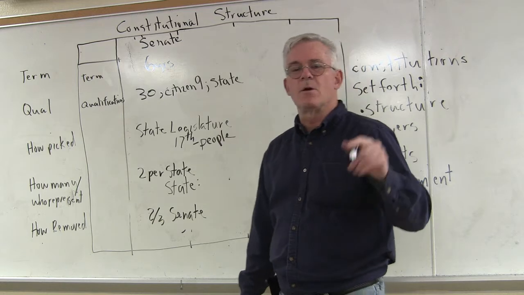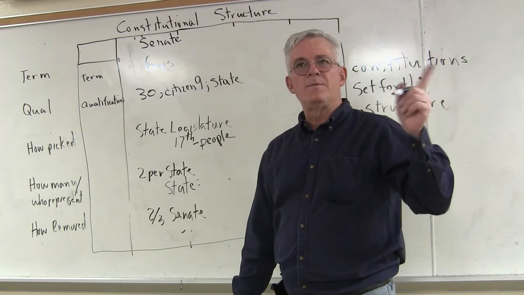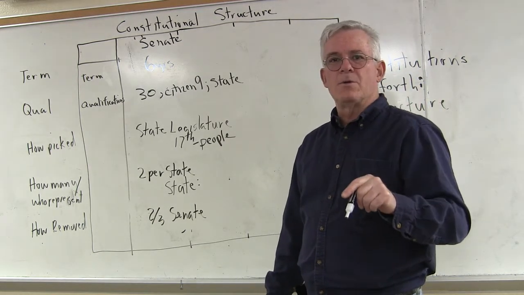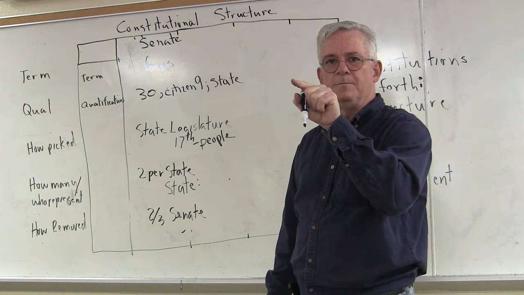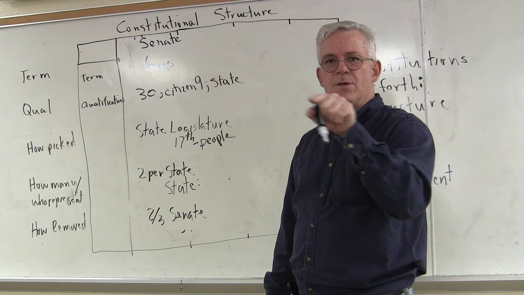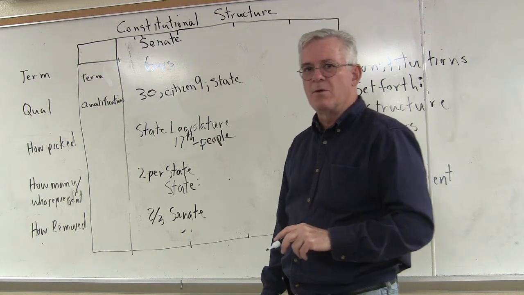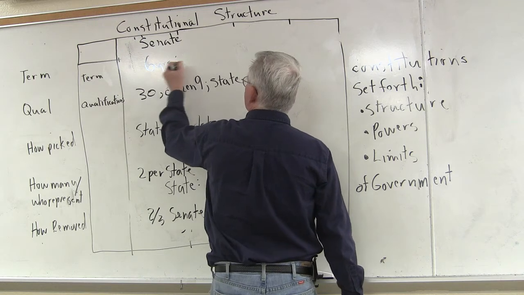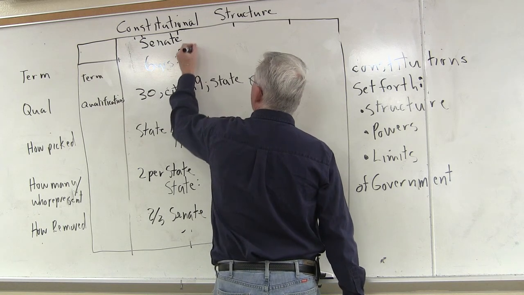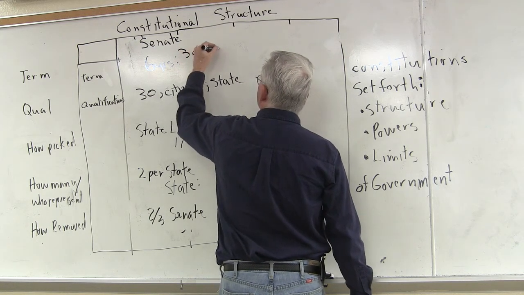If you're interested in this, go on the U.S. Senate official website and under glossary, you'll see there's a definition for classes and a short explanation of the history of it. It's pretty interesting. Okay, so we have to change this. 6 years, but there are 3 classes.